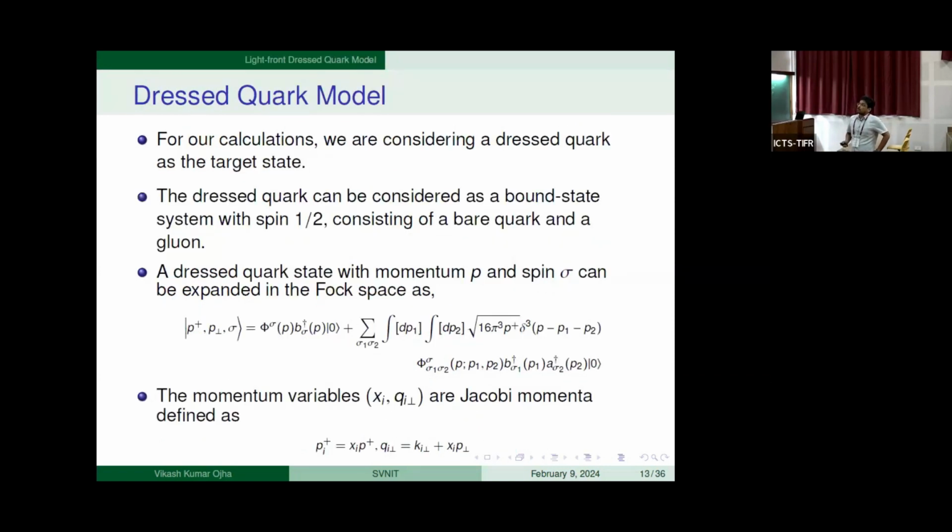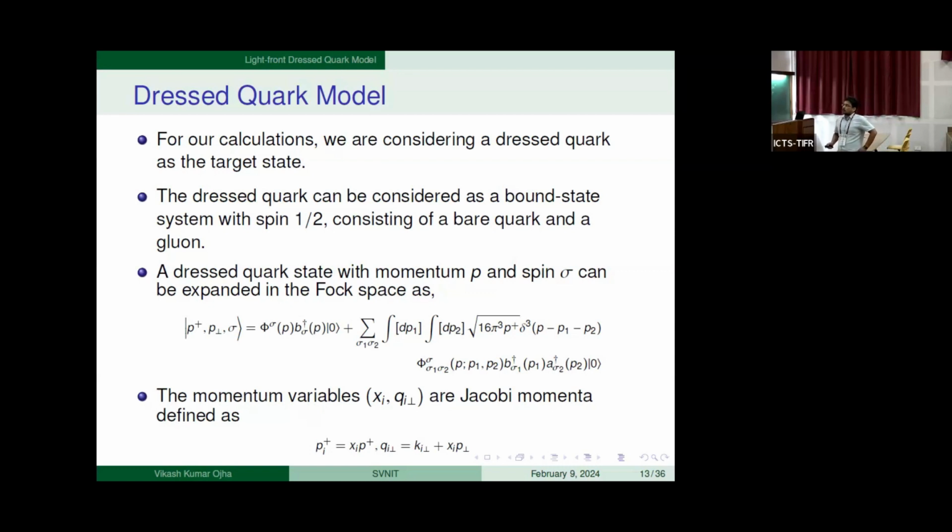Okay. So for our calculation, we have considered this dressed quark model, where we take a quark which is dressed by a gluon. This entire system we can think of as a spin half system, and then we can expand the state of this dressed quark in terms of the one particle state or the two particle state.